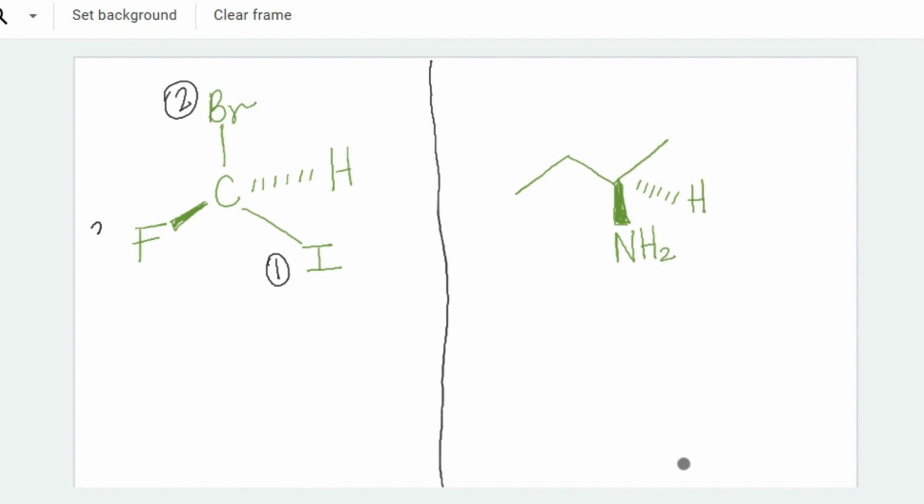And then fluorine is the third highest atomic number. And then you have our best friend, which is the fourth, hydrogen. So we have to go one, two, three.